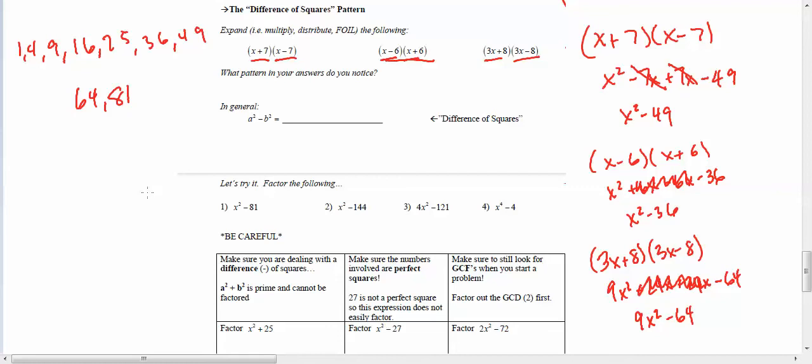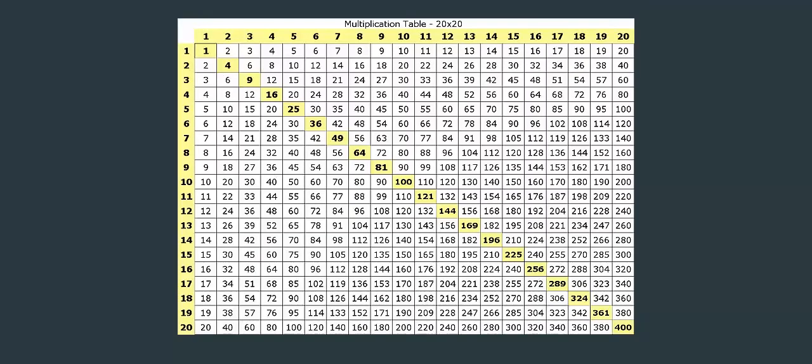Like if I told you 81, you'd tell me, hey, that is a special number. What's special about it? Well, it's 9 times 9. This is a short list of numbers that you learned when you were a kid that's highlighted for you. These numbers right here are called perfect squares because something times itself gives you that number. Like 121. 11 times 11 is 121.